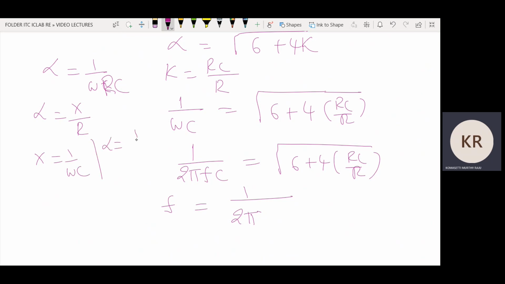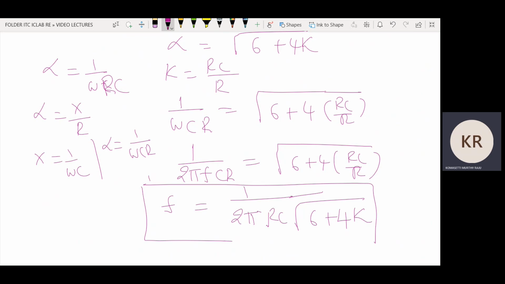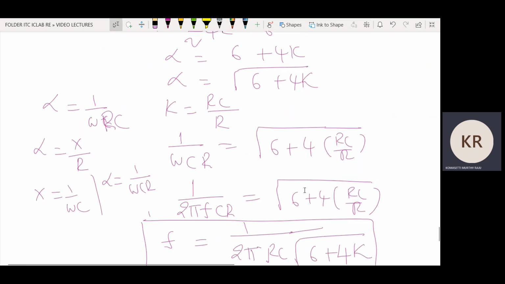Therefore, alpha is equal to 1 by omega c r. Substitute these in these expressions. Therefore, 1 by 2 pi RC square root of 6 plus 4k. This is the frequency of oscillations of the transistor RC phase shift oscillator.